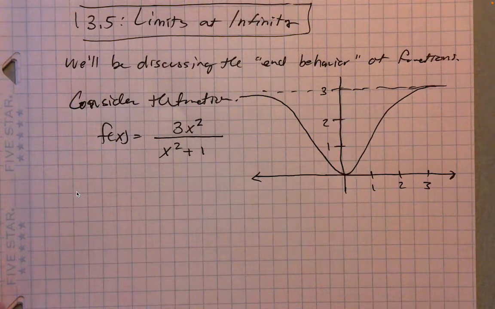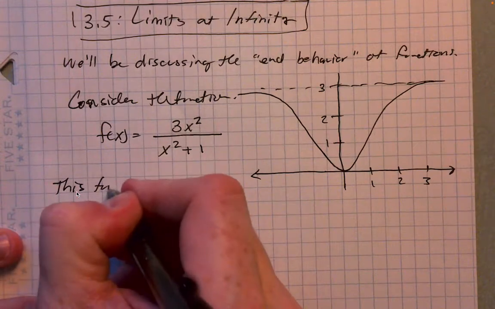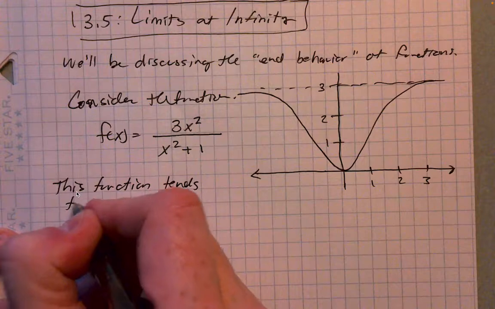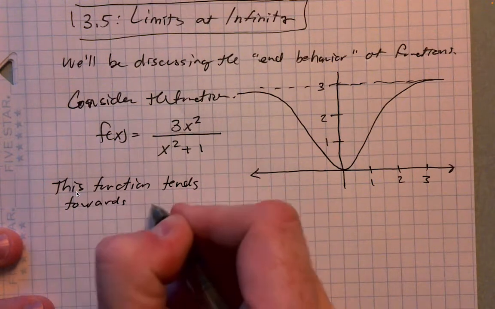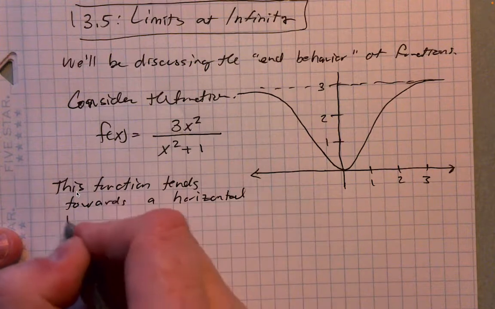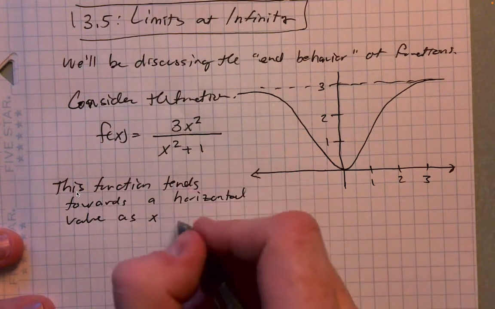This function is an example of a function that tends towards a horizontal value as x grows without bound.